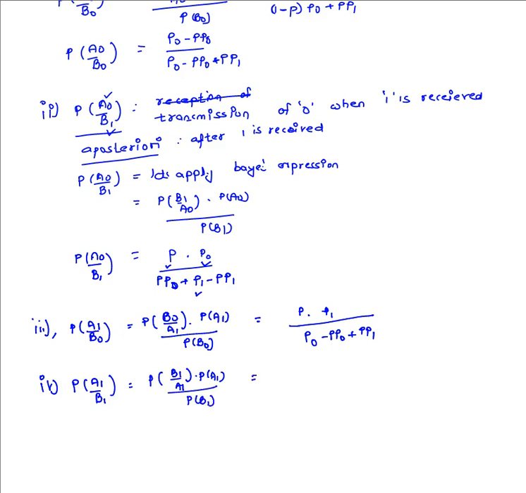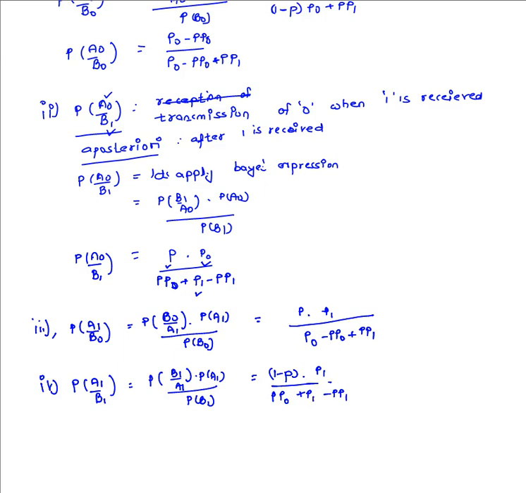Again, P of B1 divided by A1 is the correct transmission probability, that is simply 1 minus P. P of A1 is P1, the probability of transmission of 1, and P of B1 is the probability of reception of 1, earlier calculated as P P0 plus P1 minus P P1.